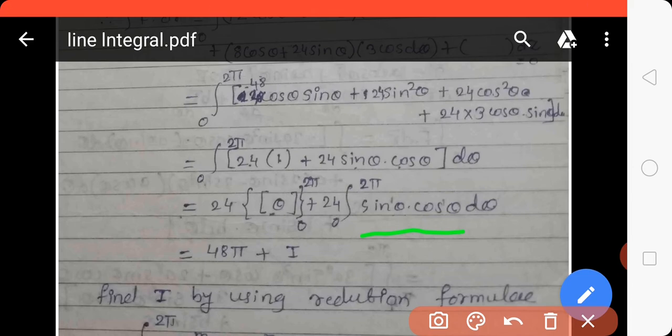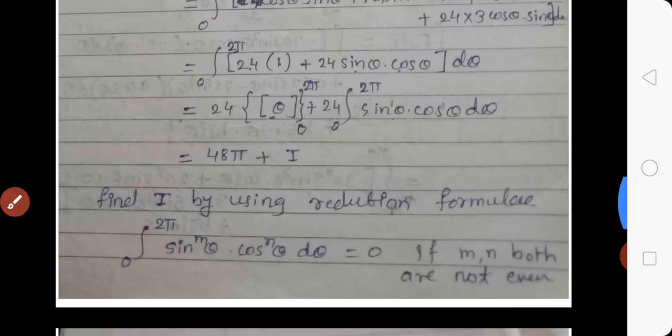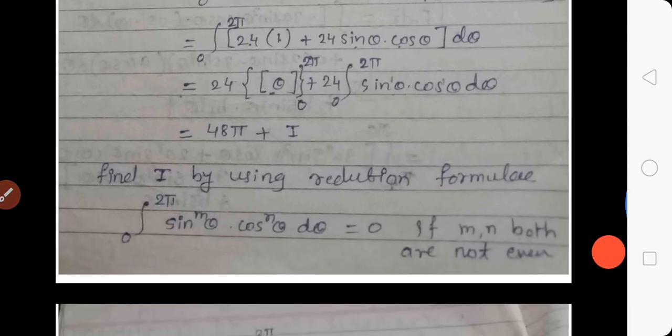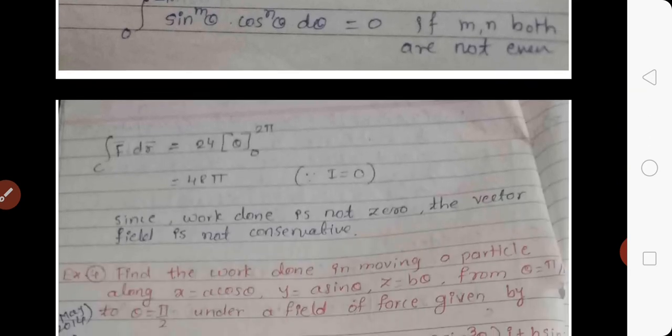Now find the integration of sin 2 theta, that is, we can calculate the value of I, or directly we can use the reduction formula to calculate the integration. The first term gives 48 pi plus I, and the value of I we get as 0.